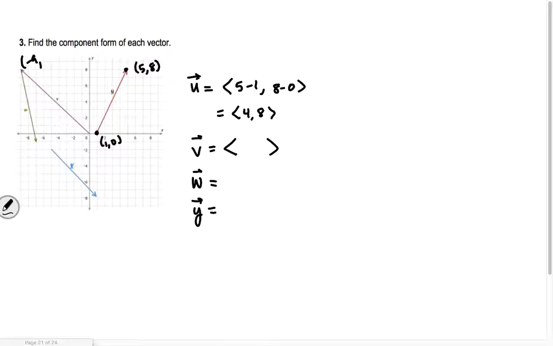It depends on the final point, like where the arrow is. That's what you're starting with when you're subtracting. So negative 9, 8. So V is just negative 9, 8 still, because its initial point was 0, 0.